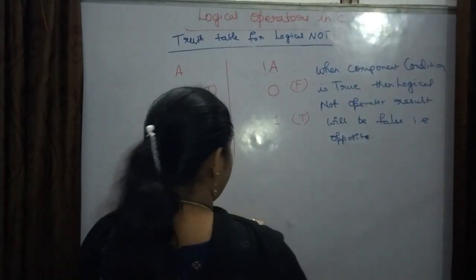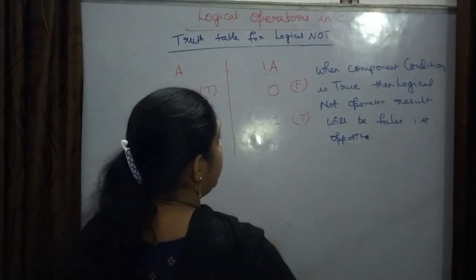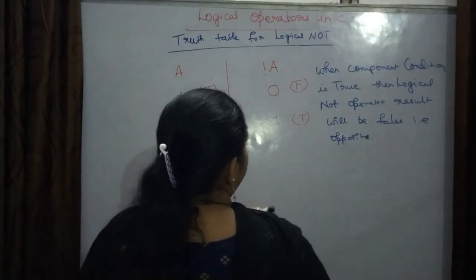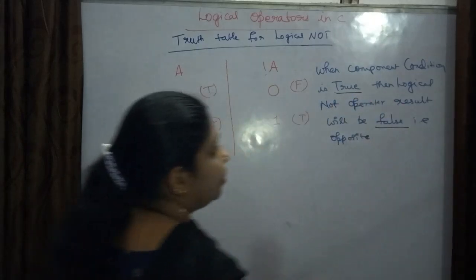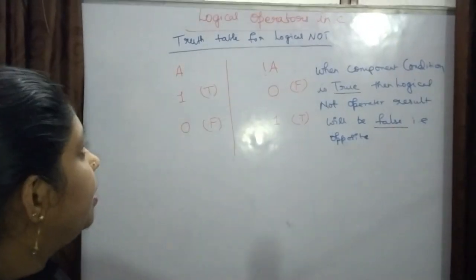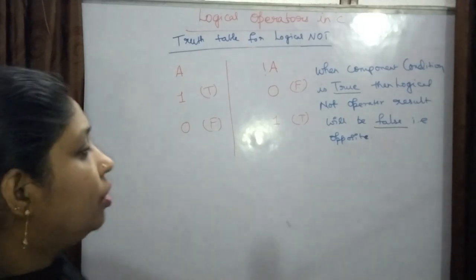Here you just think of these conditions. If the condition is true, when you are using logical not, automatically it will be the reverse of it. Okay, so this is about the logical not.